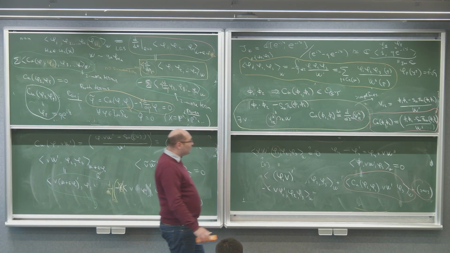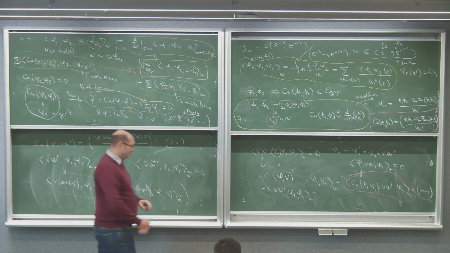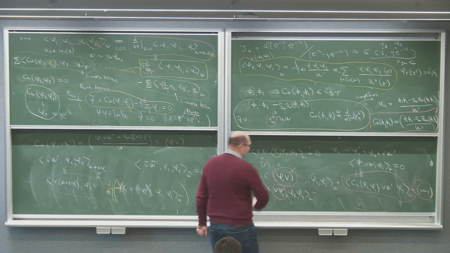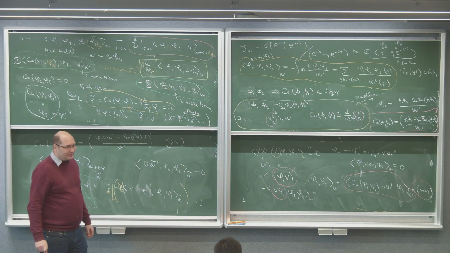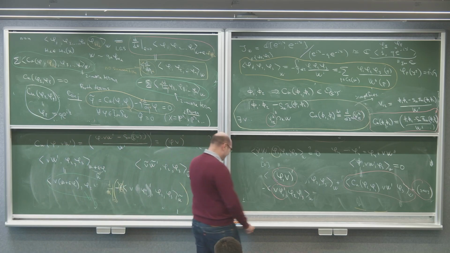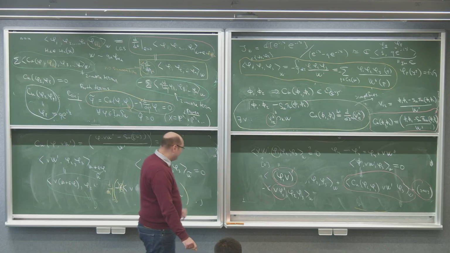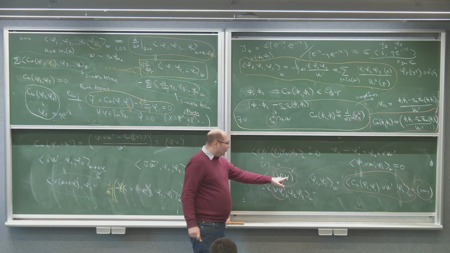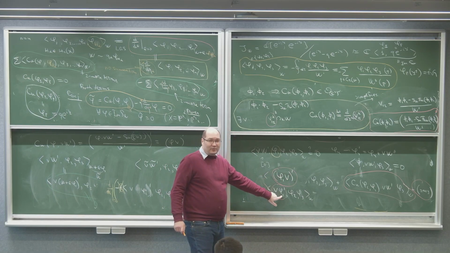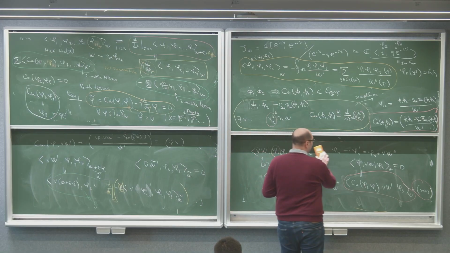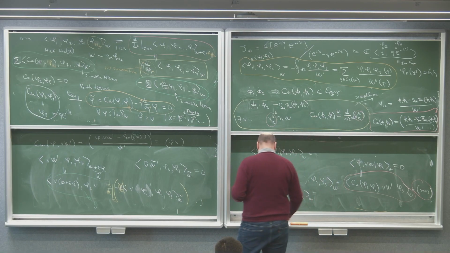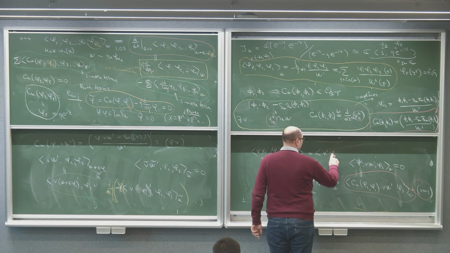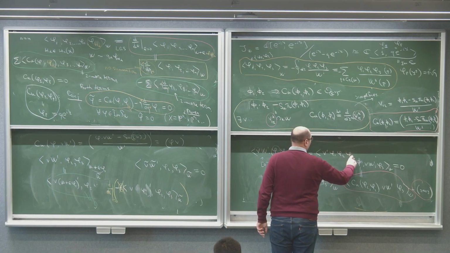We see that these two terms are almost identical. Apart from these expressions in red, the rest of the expressions are identical. The difference is that here we take a derivative of a product, and here we only take a derivative of phi 1. Therefore the difference of these two terms will be proportional to the derivative of v multiplied by phi 1, phi 2, phi 3.